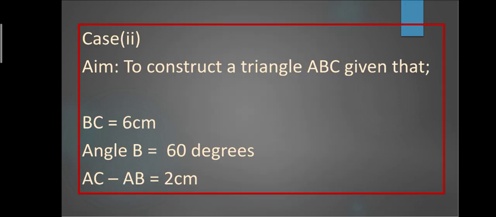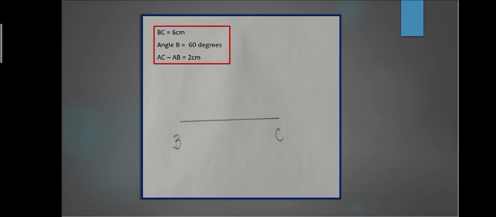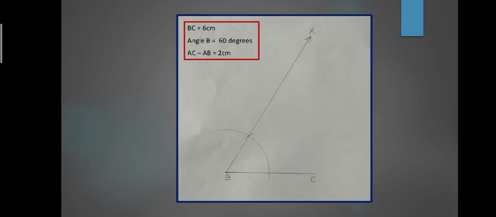Now let's take another example of case 2. Here we will take BC as 6 centimeters, angle B as 60 degrees, and AC minus AB as 2 centimeters. So the first step is again to draw a line segment BC of length 6 centimeters.